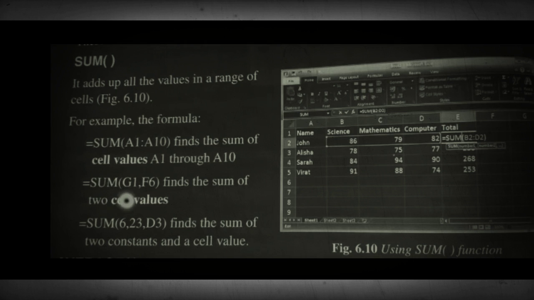SUM G1, F6 finds the sum of two cell values. SUM 6, 23, D3 finds the sum of two constants and a cell value.